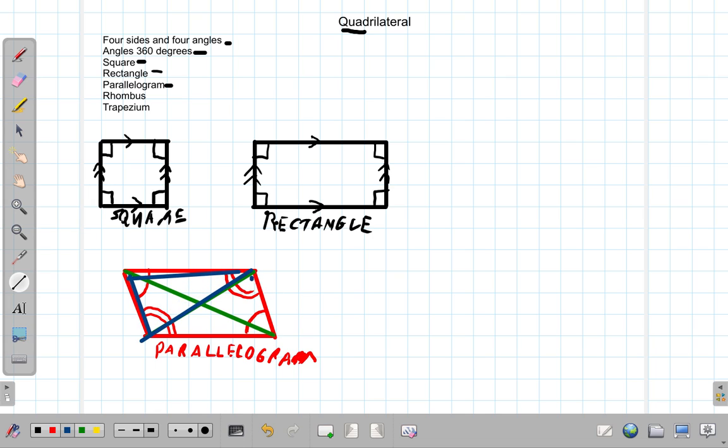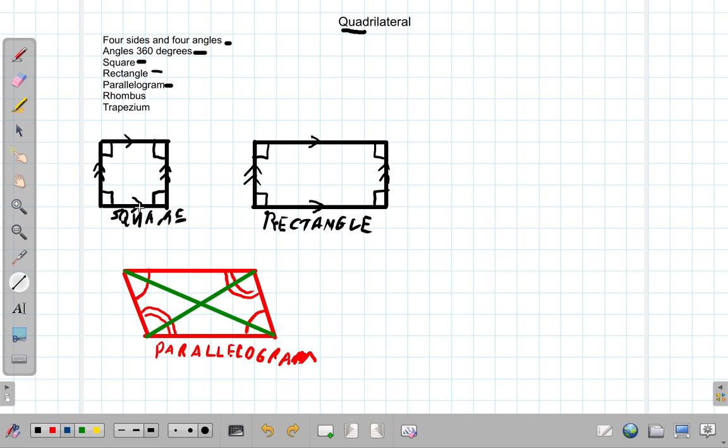This triangle and this triangle are the same triangles in length and angles. Also, consider that this triangle here and then this triangle here are two triangles that are exactly the same in length and angles.